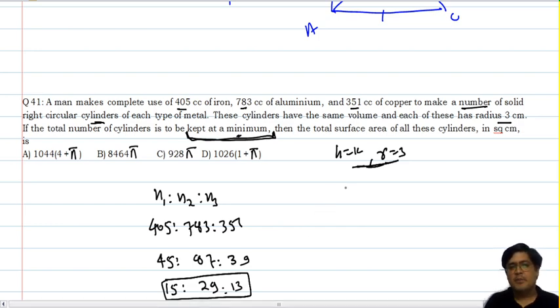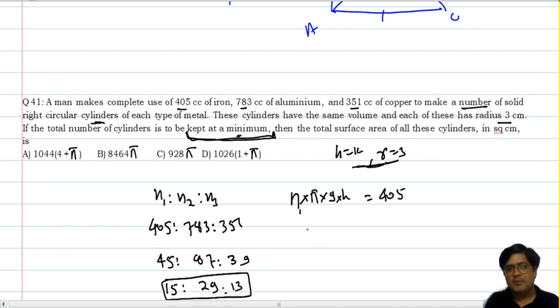One more thing, a volume is given by pi r square h. I know individual the number is 15. I can find height from this, but that is not the question. I'm assuming the number to be simply n. Leave it there. N1, call it N1, 15, is equal to 405.